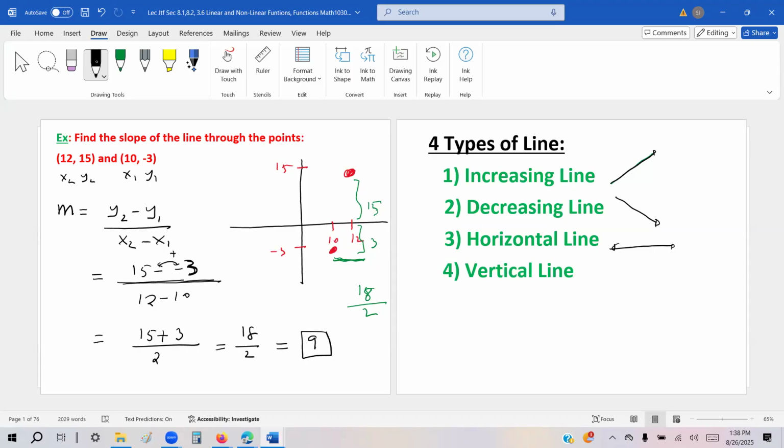And what type of line is a vertical line? Up and down. Where do we go straight up and straight down? Did you ever go anywhere straight up and down? Elevator? Yes. Actually, we don't walk, right? On an elevator, we stand.